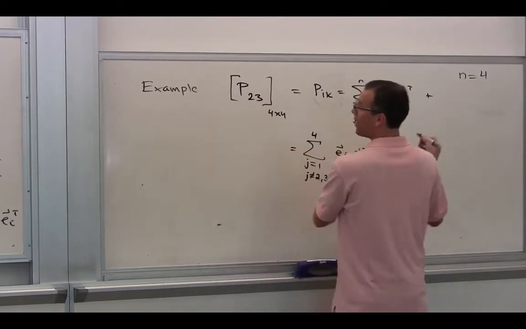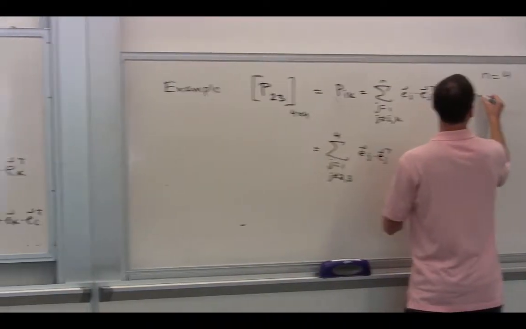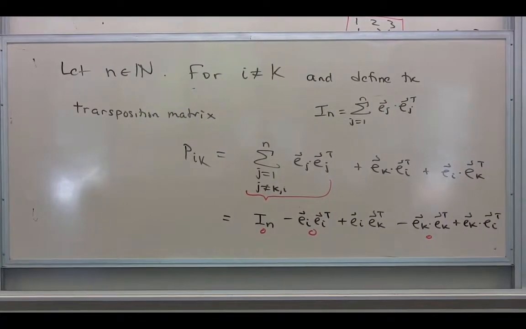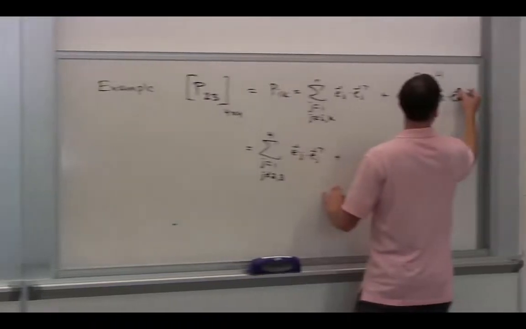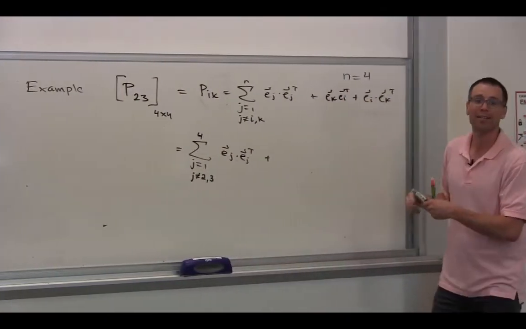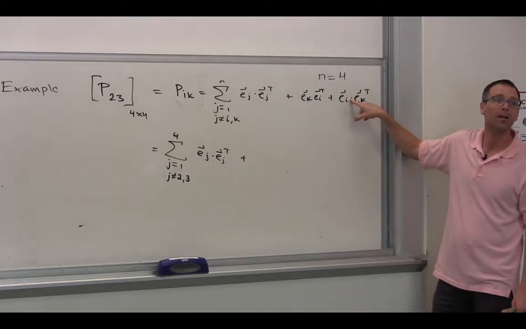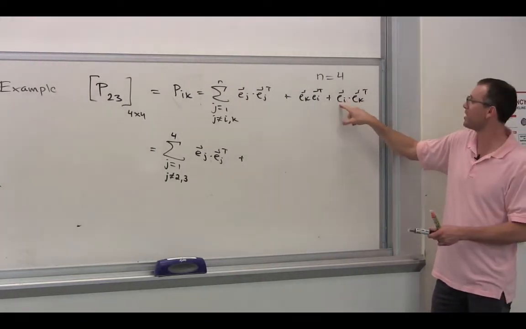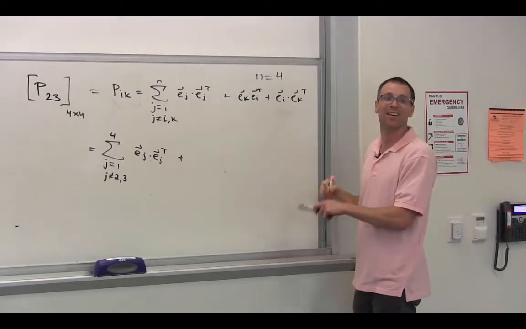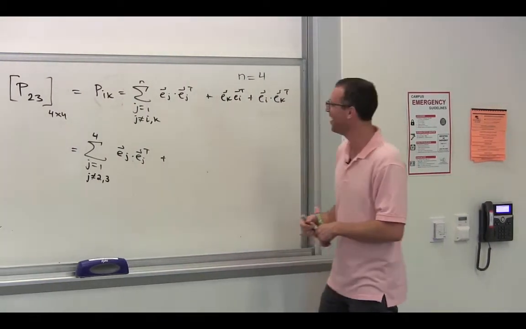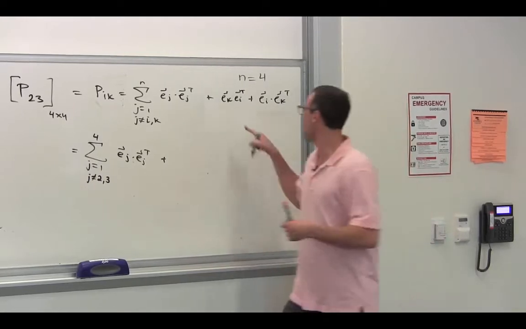I'm going to add e_k e_i transpose plus e_i e_k transpose. And I almost want to go back to Shahand, what is this dot right there? How big is e_i? Yeah, there you go. Very nicely done. All right, what about this one right here?